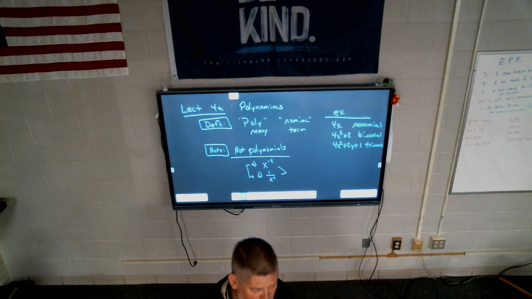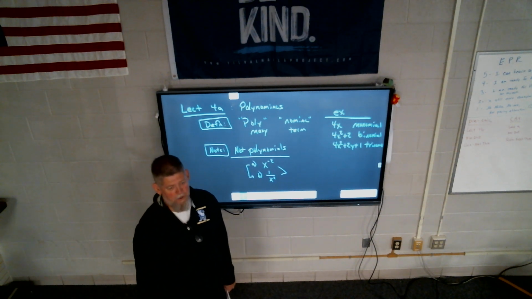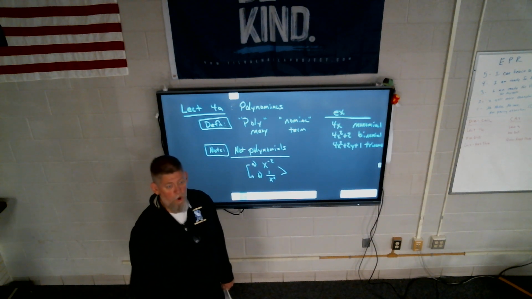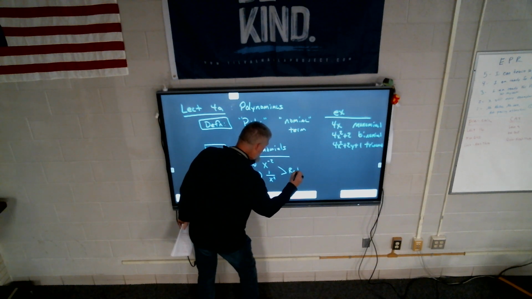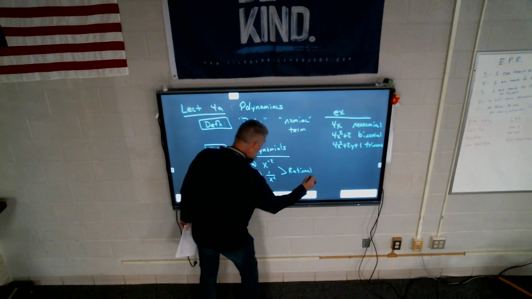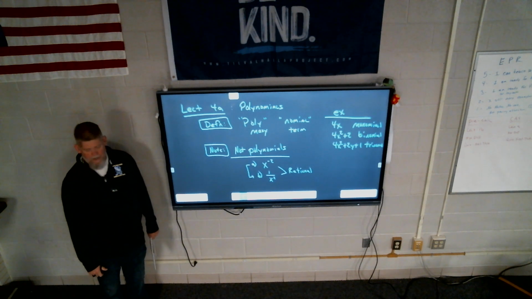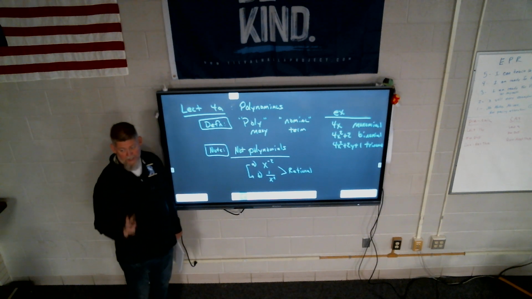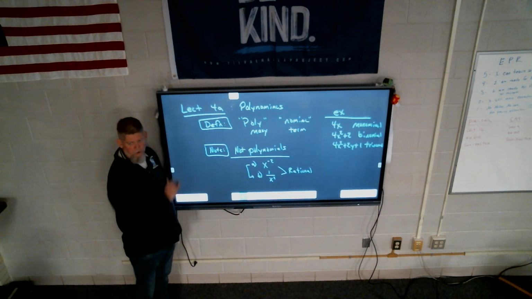Rather than calling them fractions, they should call them rational. These are rational, and that's going to be our lecture 5. We're going to talk about rational functions. Those are rationals, not polynomials. Whether it be a negative exponent or moved to the denominator, however it's written, those are rational functions.